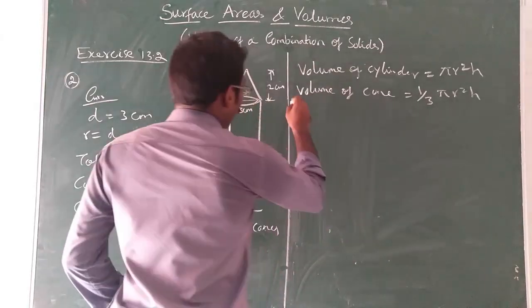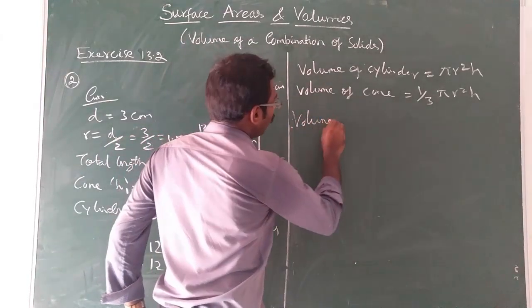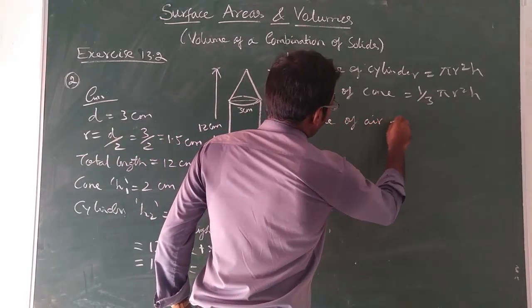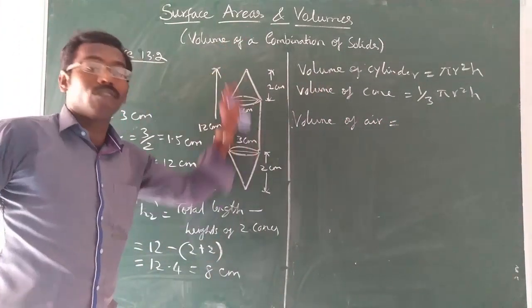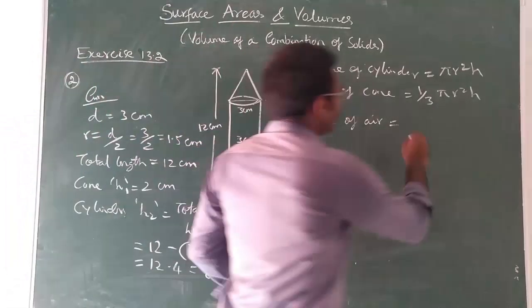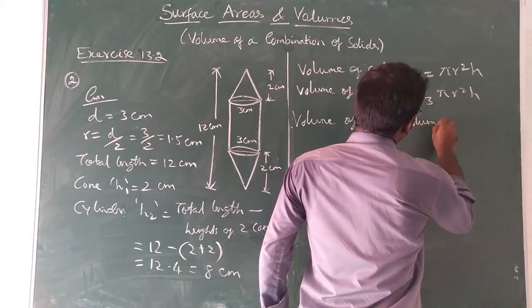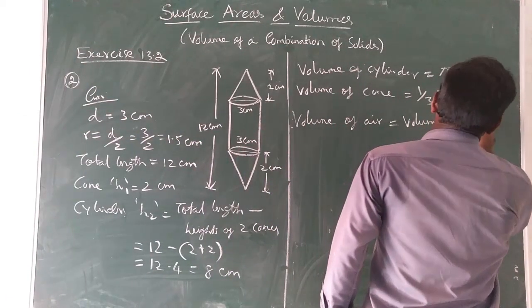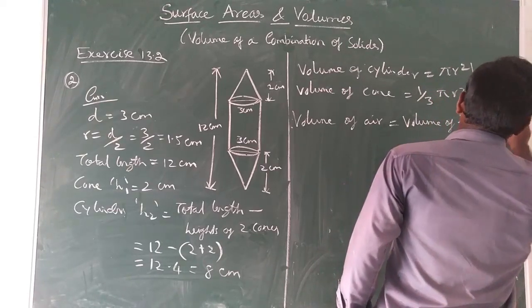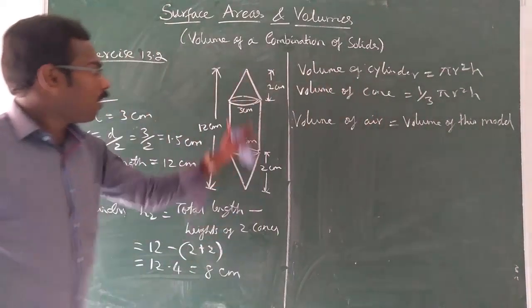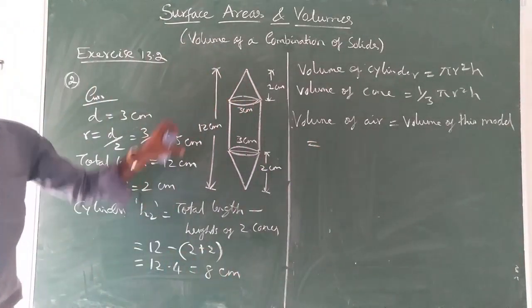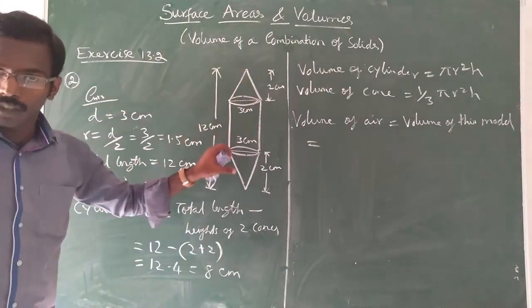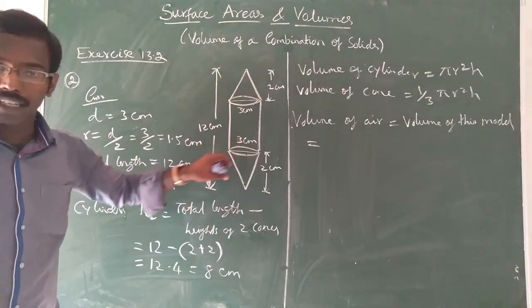Now, volume of air, you want to find volume of air. I already told you, volume of air is nothing but the volume of this model. That is equal to, this model is made up of one cylinder and two cones. Both the cones have same dimension.